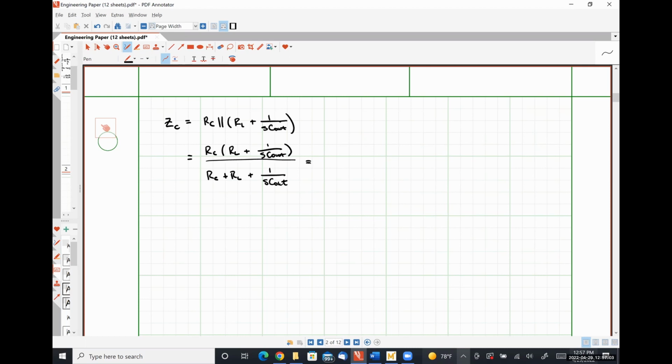And if I multiply through by SCout, I get RC multiplied by (1 plus SCout RL) divided by (1 plus SCout (RC plus RL)). C looks too much like a parenthesis for me.